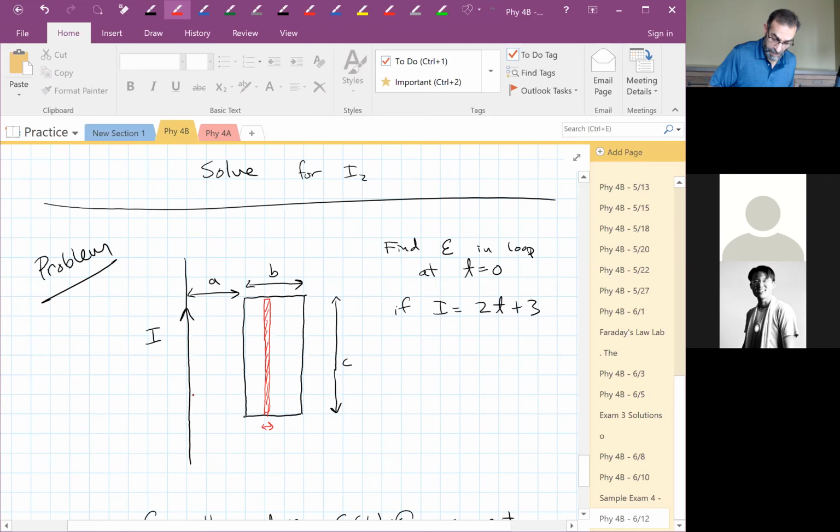So if this distance is r, this would be dr. So C times dr would be dA, the area of that little thin sliver.